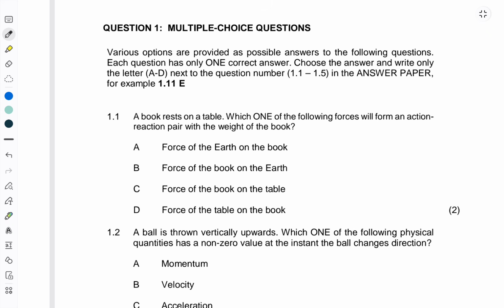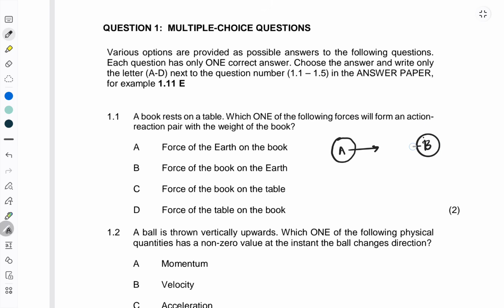All right, so remember, the action-reaction pair comes from Newton's third law. When we say action-reaction pair, we mean if object A exerts a force, and then there's object B. I'll make an example with electrostatics.